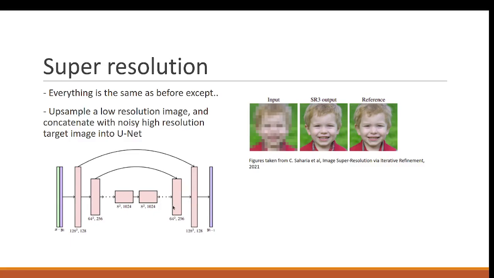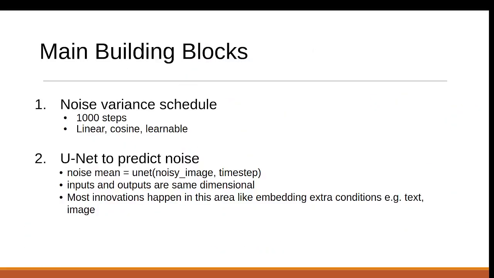So that's how they do the conditioning. So most of the interesting innovation in the paper, the first part, the variance schedule, you can reuse. A lot of the interesting things happen in or around the UNets where you do the conditioning.